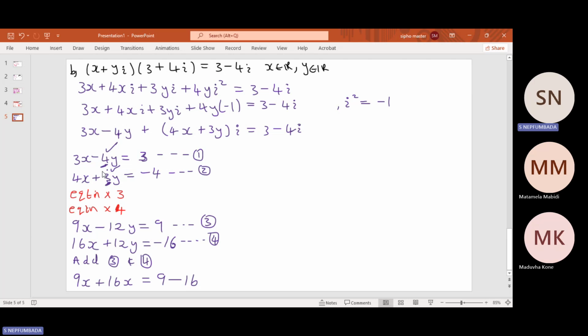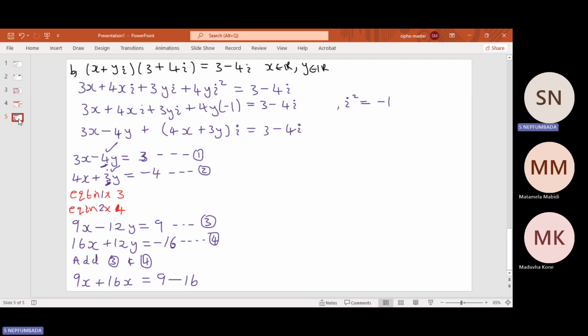That's what we did. I didn't even mention which equation, I was just saying equation. Here I was supposed to say equation 1 times 3, then equation 2 times 4. Are we good? Yes.